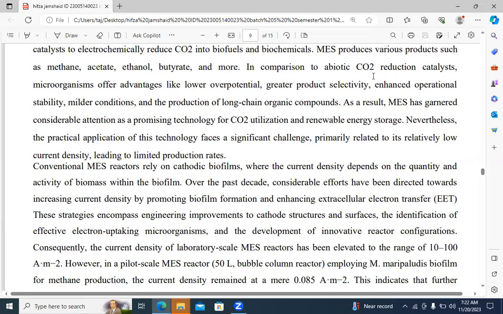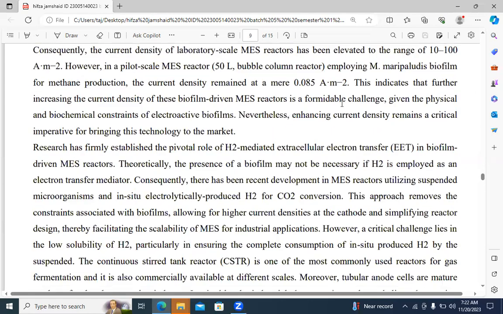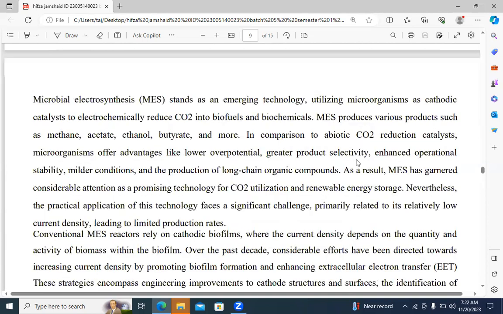In comparison to abiotic carbon dioxide reduction catalysts, microorganisms have different advantages, for example lower overpotential, greater product selectivity, and enhanced production of long-chain organic compounds. So we have discussed how the multifunctional reactor will work.